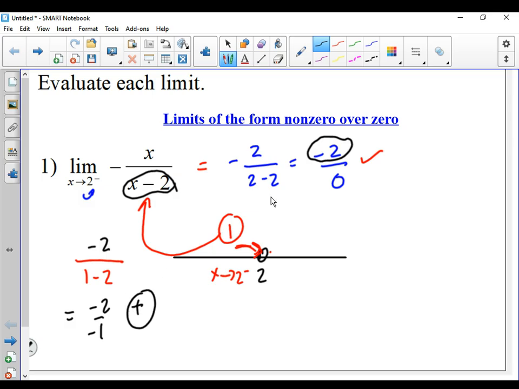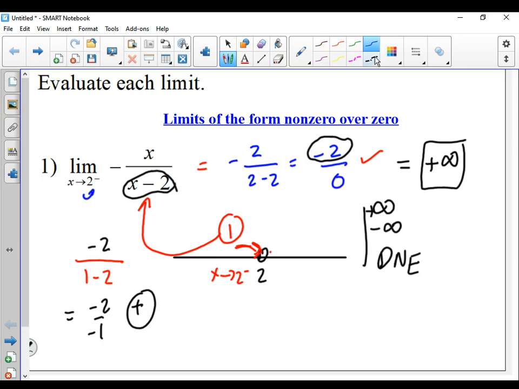If we get a positive answer, the answer for this problem will be positive infinity. As a matter of fact, when you have a non-zero over zero, the only possible answers are positive infinity, negative infinity, or does not exist.